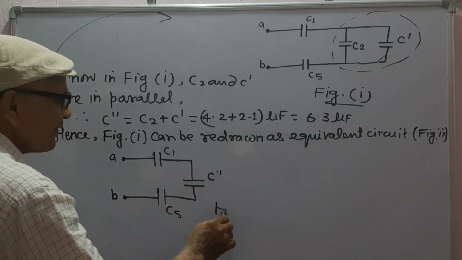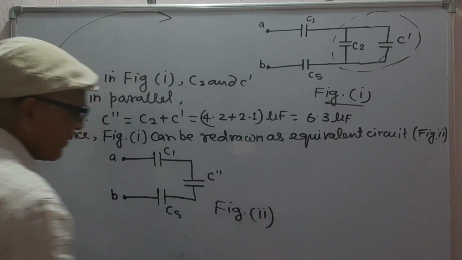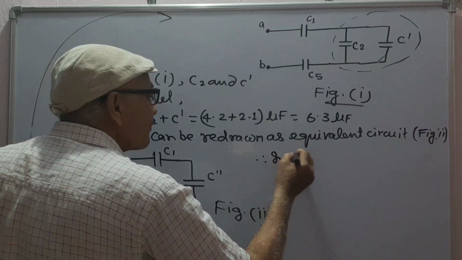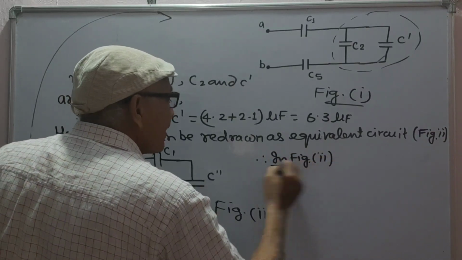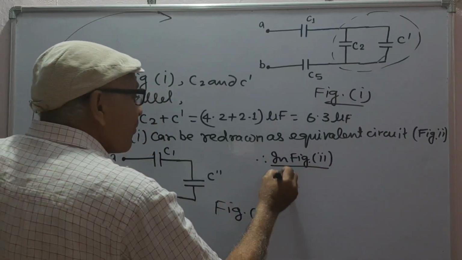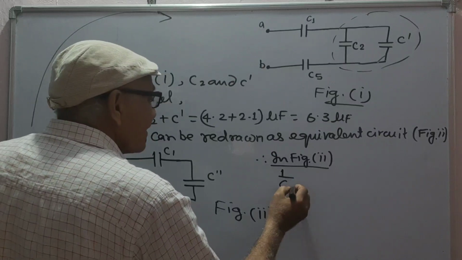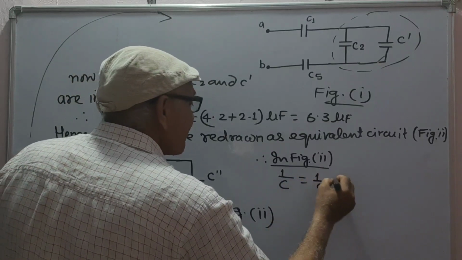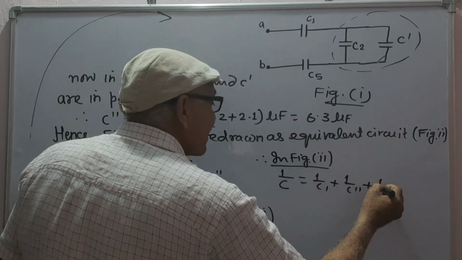This is figure 2. Therefore, in figure 2, 1 upon C resultant will be equal to 1 upon C1 plus 1 upon C double dash plus 1 upon C5.